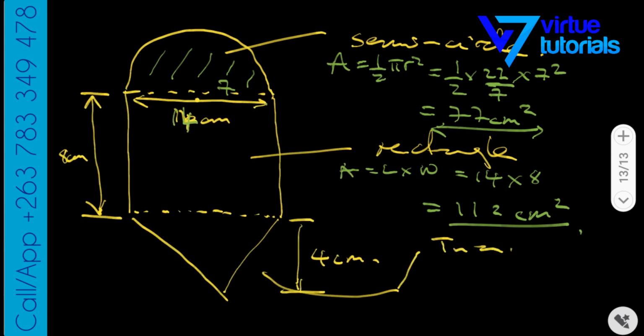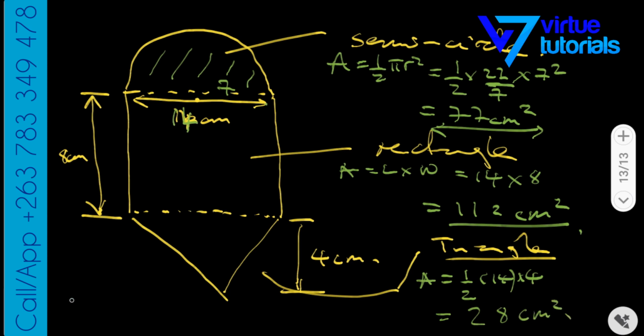For the triangle, our area of the triangle is going to be half base times height, which is going to be half of the base, which is 14, from there to there, 14 times 4. So it's half 14 times 4, which is going to be 28 centimeters squared.